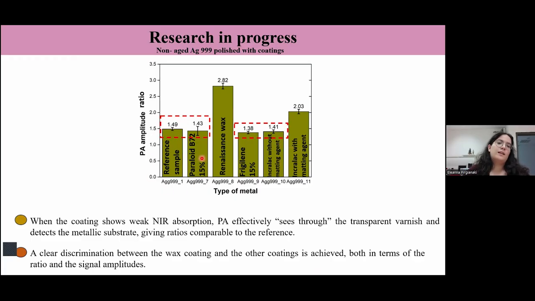And we also kept again a reference without any kind of varnish. Also, all these coupons are not aged, but we plan to artificially age them in the near future.